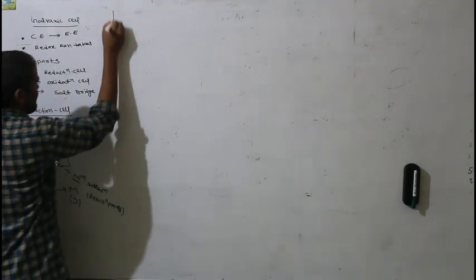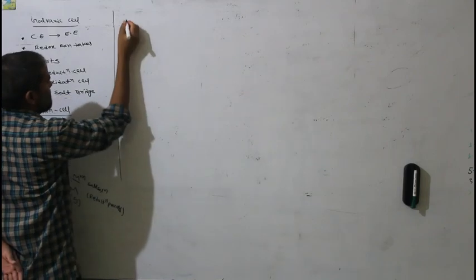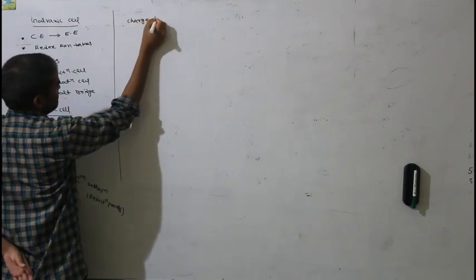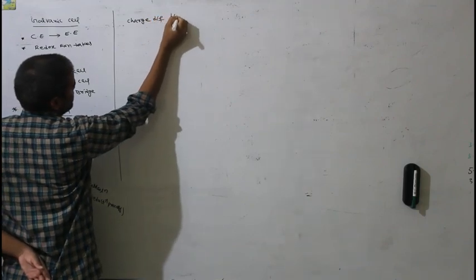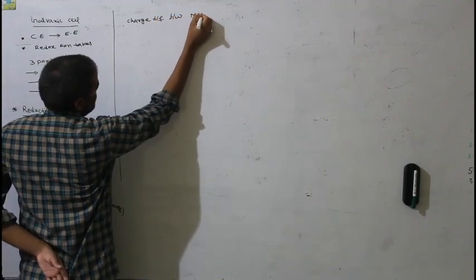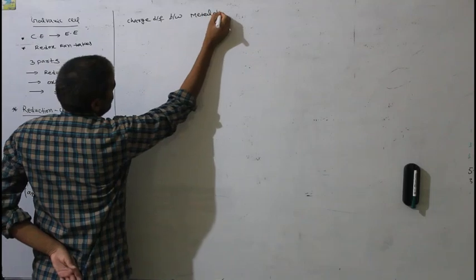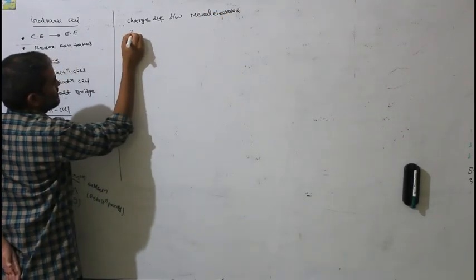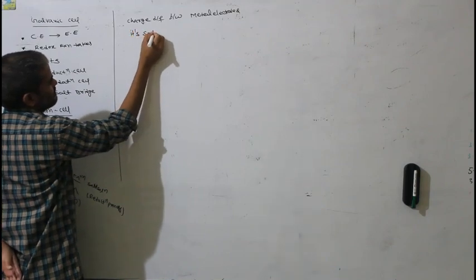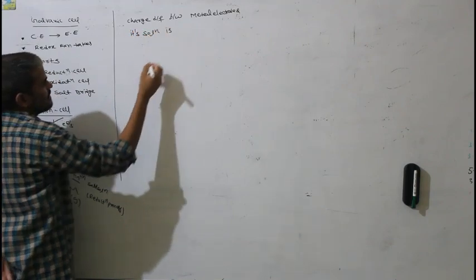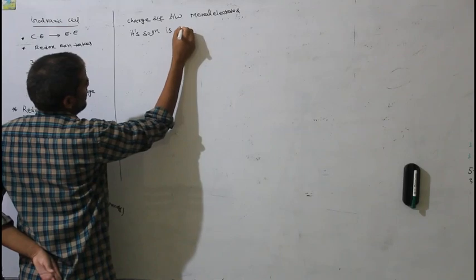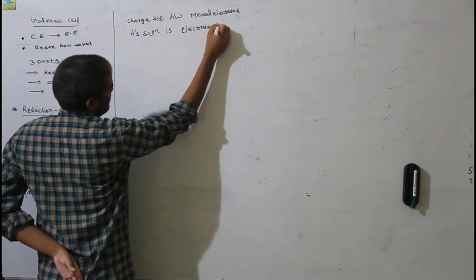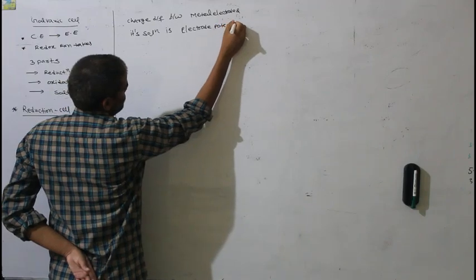Simple point I can write here: the charge difference between a metal electrode and its solution is called electrode potential.